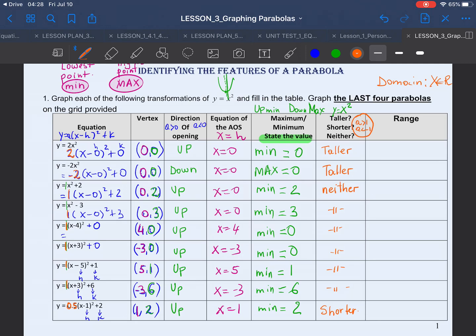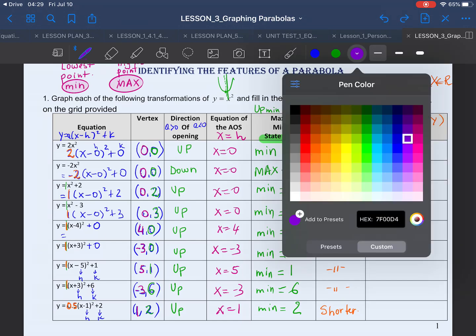It's always any real number x, because they're defined for any real number x throughout the set of real numbers. The range, though, will be a different story. The range is determined by the y values. So would the y values have a limitation or a restriction, we should say? Now, that will depend on whether the parabola opens up or down.